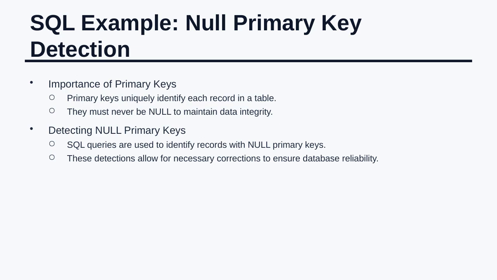Finding these problematic records early allows us to correct them before they cause bigger issues, such as duplicate entries or data mismatches. This kind of check is a key part of ETL testing, helping to prevent errors that could affect reporting or decision-making later on. Next, we'll look at another example of entity testing that focuses on different types of data validation.